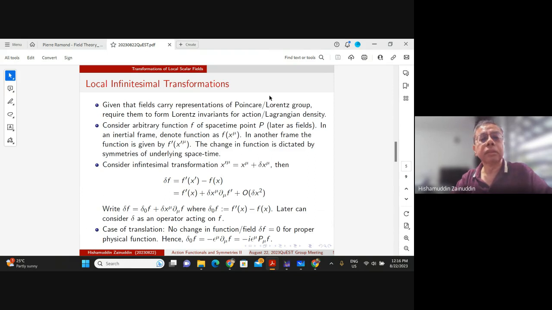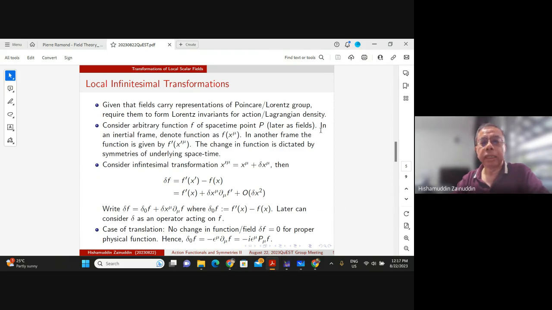Now let's try to do this in a little more detail. We look at the idea of infinitesimal transformation, which connects with the algebra. You consider an arbitrary function of space-time point. Later on you can think of these functions as fields.